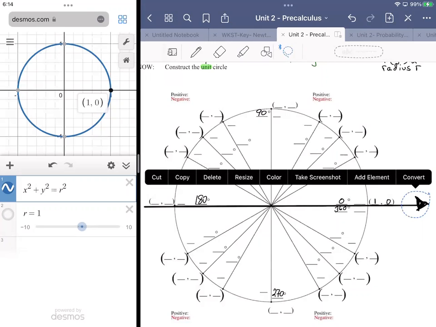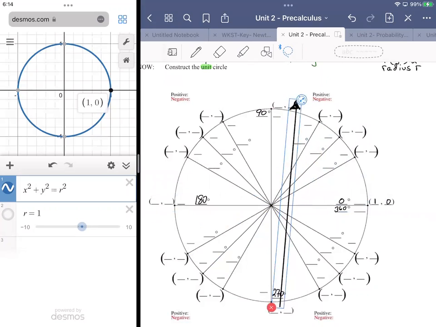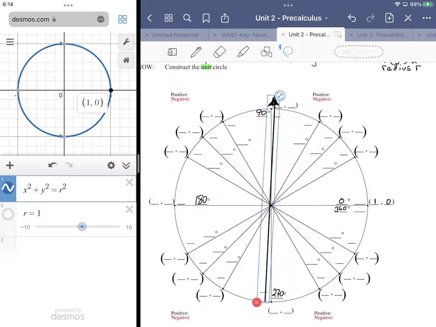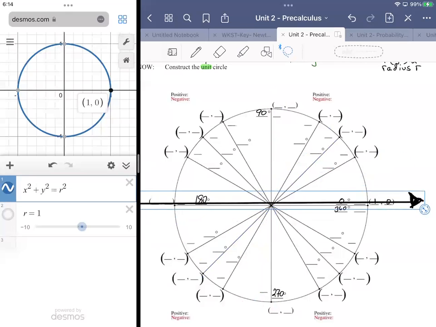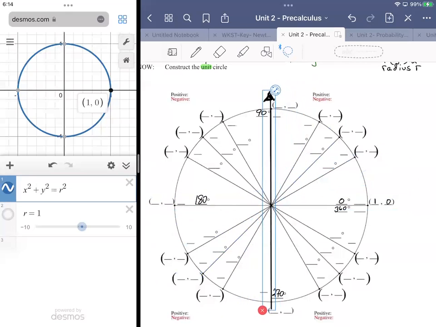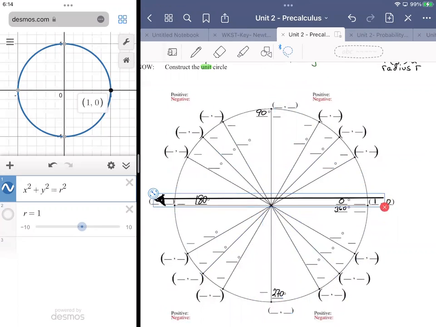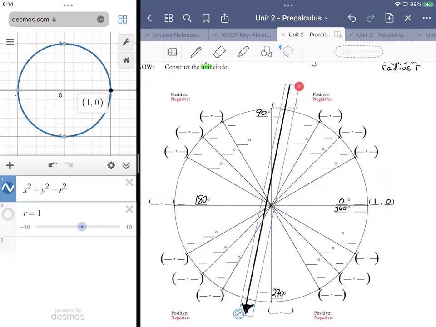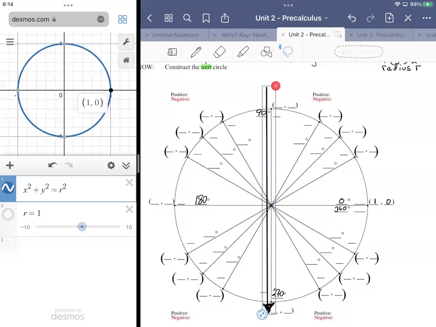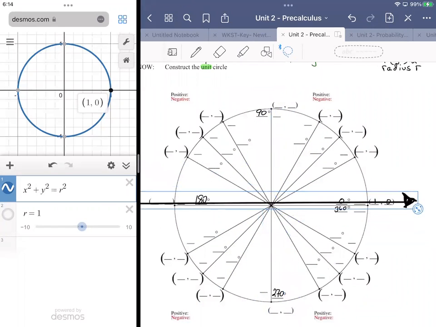If I say that this movement here is 90 degrees, and that was a quarter of a turn, well, I'm going to do 2 more of those quarter turns. So that's another 90 to get me to 180, and another 90, 180 plus 90 would give me 270. And then 270 plus 90 again would get me right back to 360.